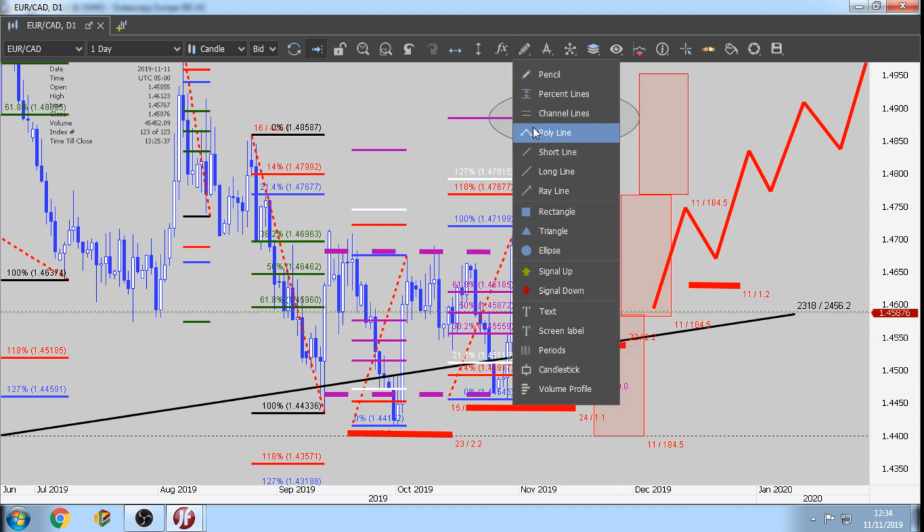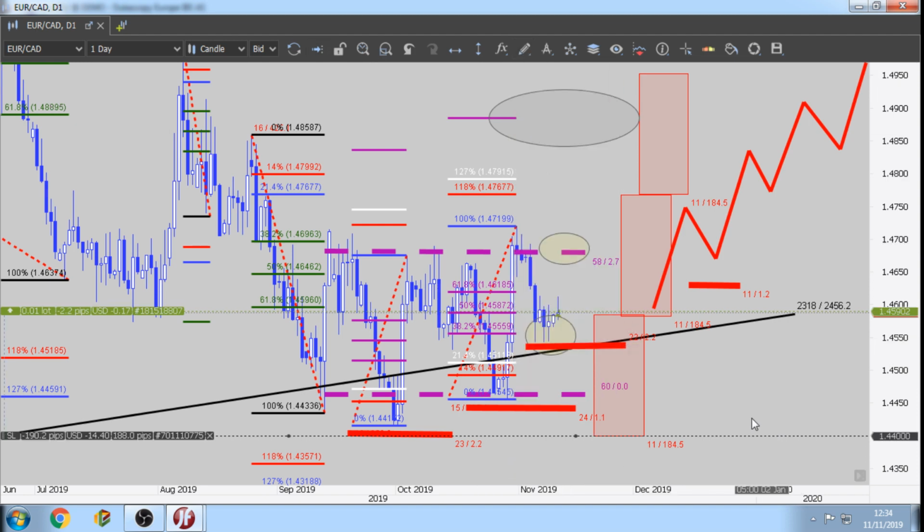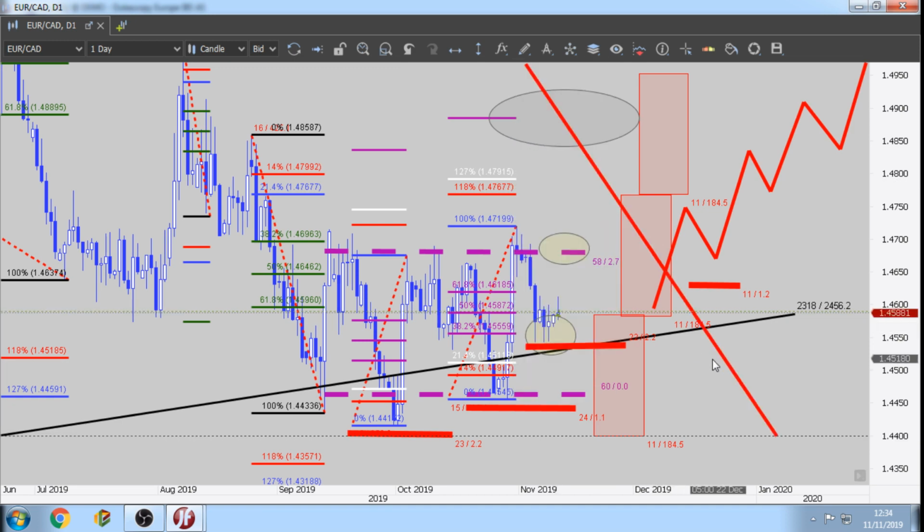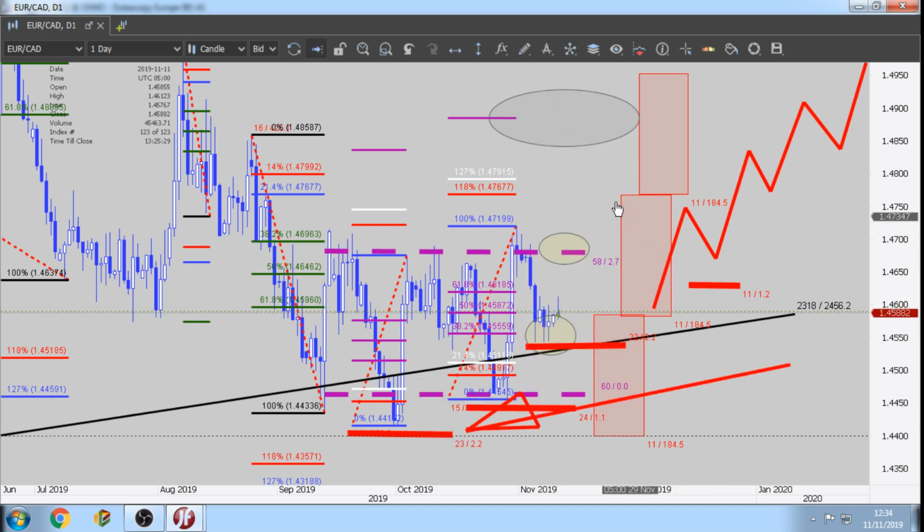And the best stop loss level is down here. This is the stop loss level. So I'm going to lose what? $14? I'm going to lose what? 190 pips. Okay. It's okay.